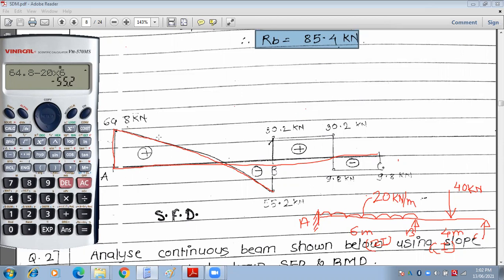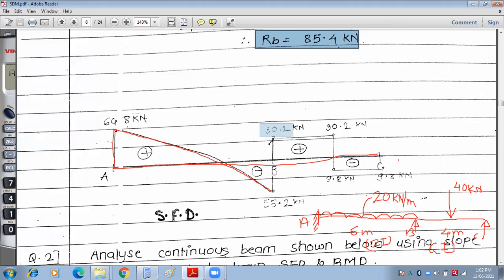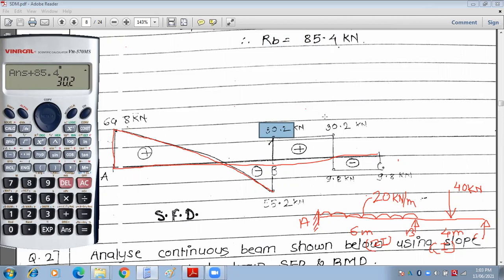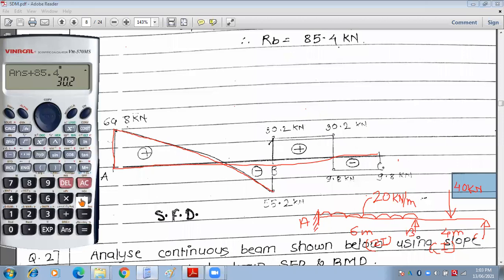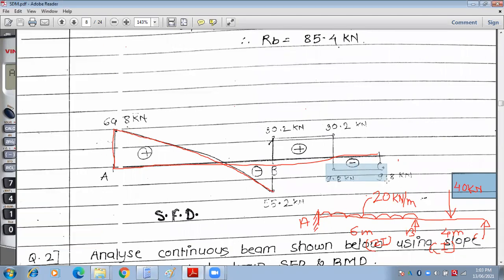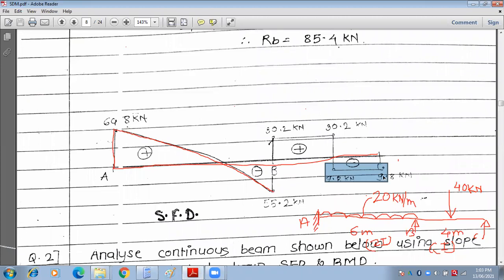Again this reaction RB is added in that particular equation, plus 85.4, this value will be plus 13.2, therefore this 13.2 over here, and up to the next 40 kilonewton point load, this value remains constant. Minus 40 again, it becomes minus 9.8, and this value remains constant up to point C, and due to reaction RC, this value again becomes 0.